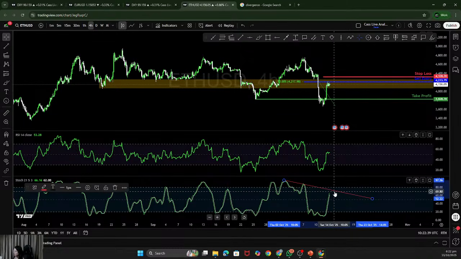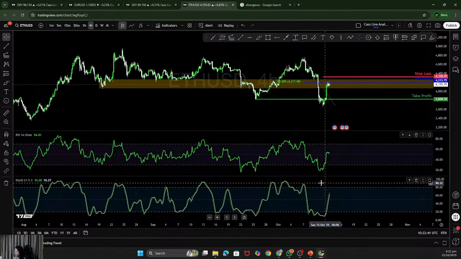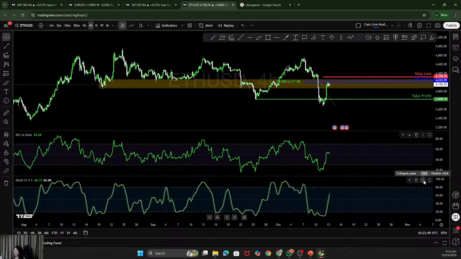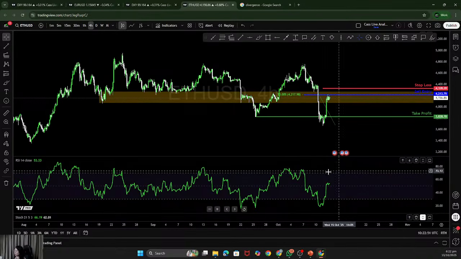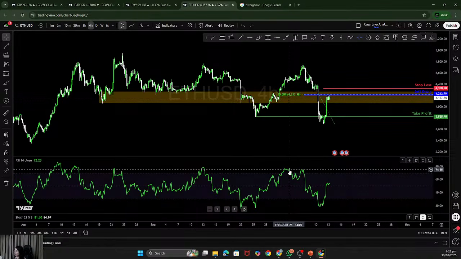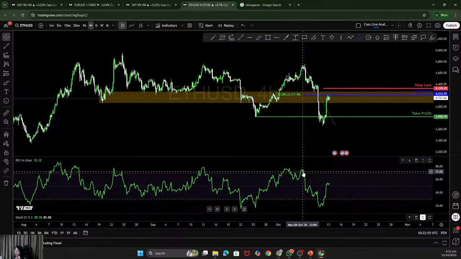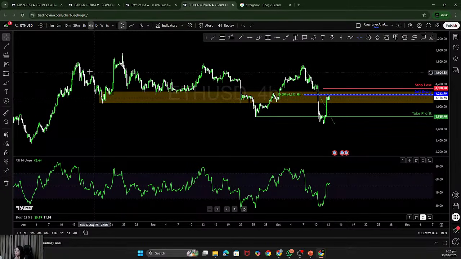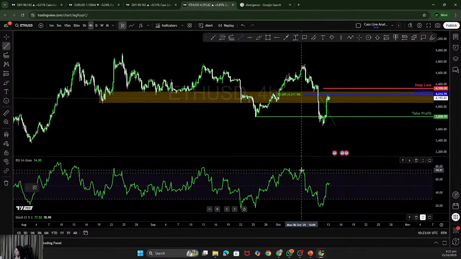Nope, makes 0 sense. I cannot use stochastics for this because it is not giving me any relevant information right now. That's why you need to backtest and test out to see if it's working.